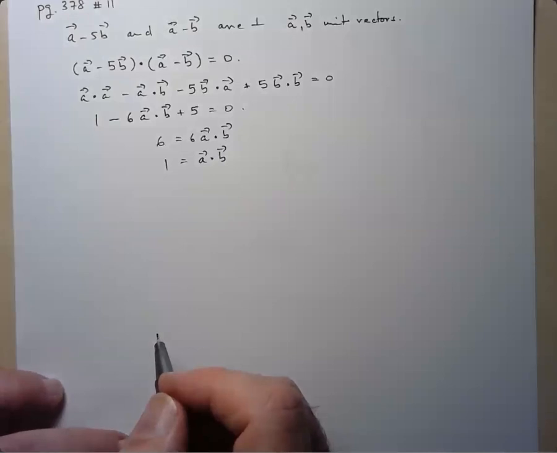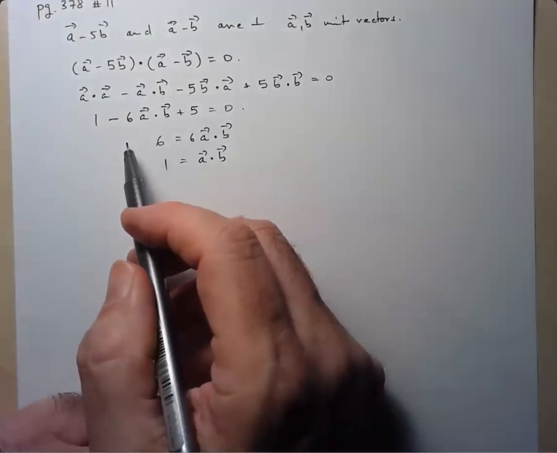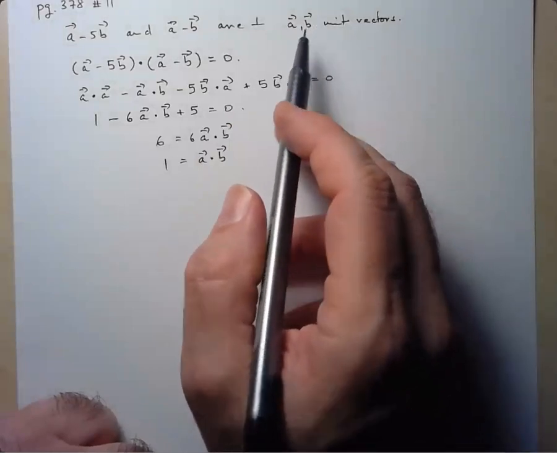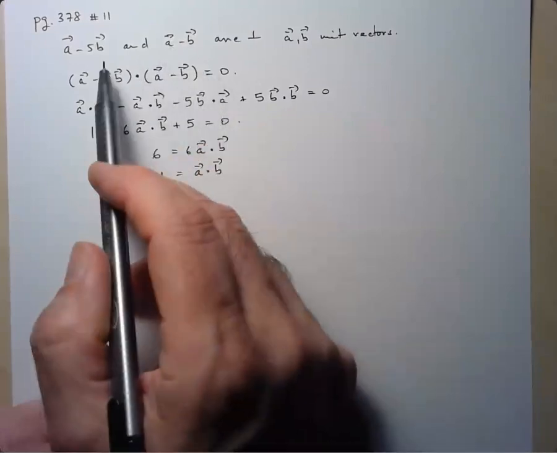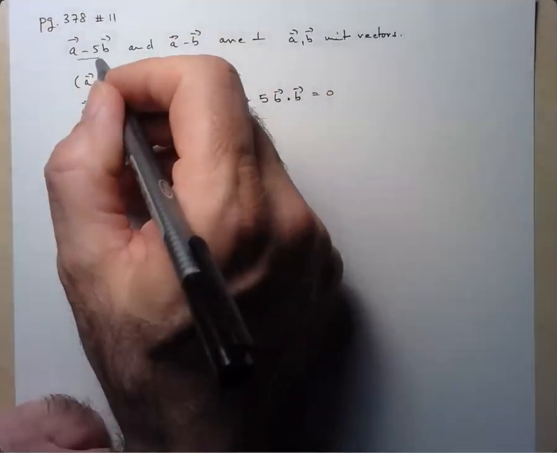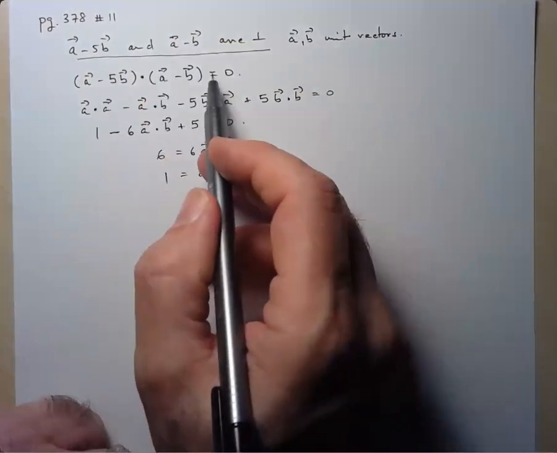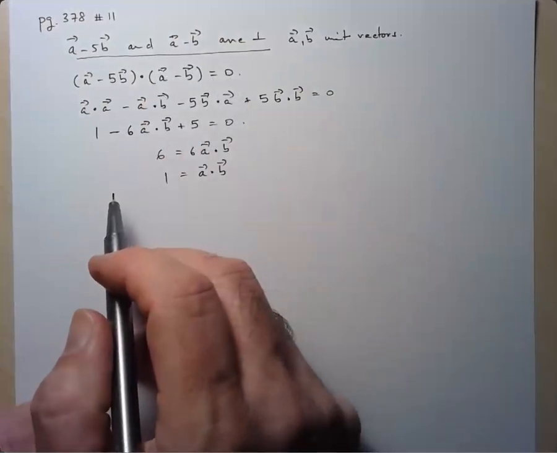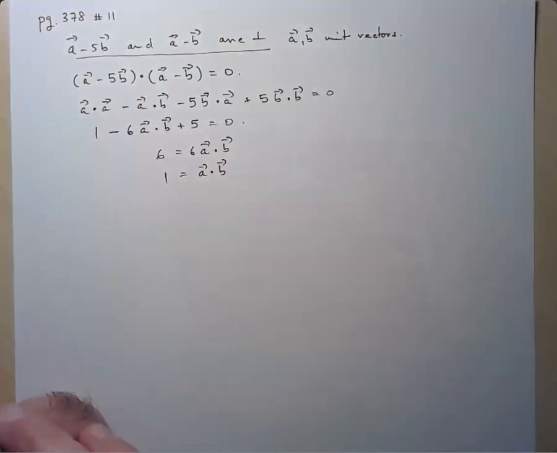Okay, so notice here how I didn't actually need to find the angle between the two vectors, because of the algebra that I was able to do by using this piece of information, the fact that they're perpendicular and that the dot product then has to be equal to 0. I'm able to use this algebraic simplification.